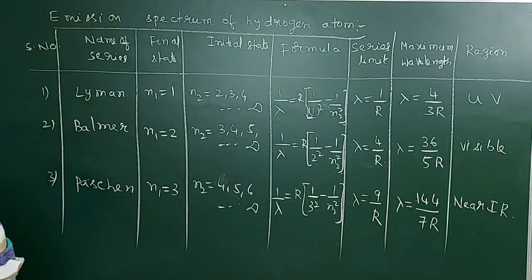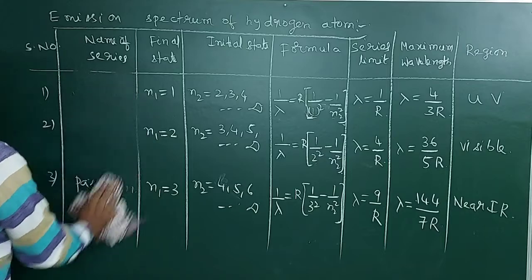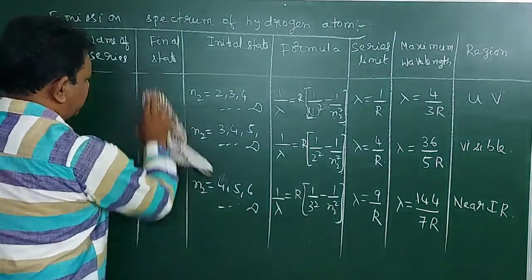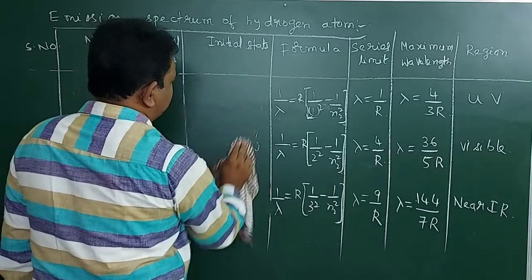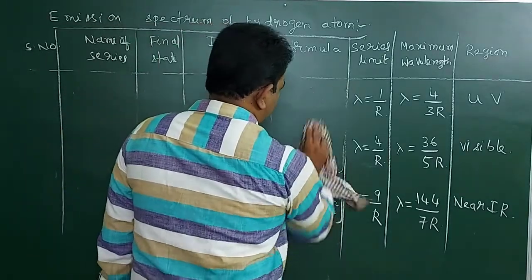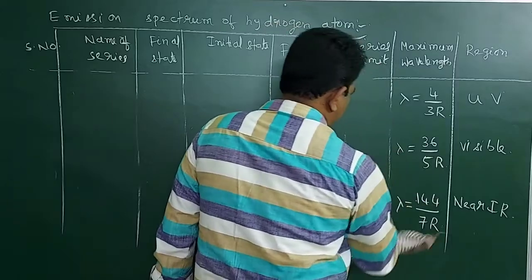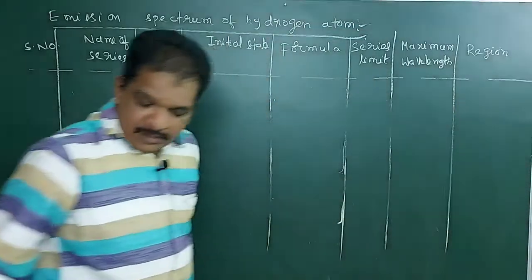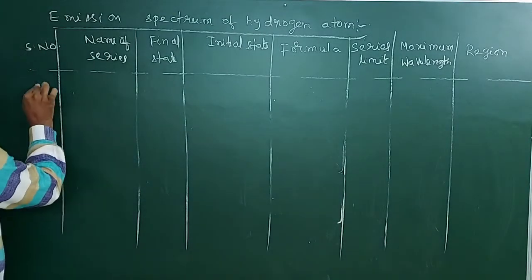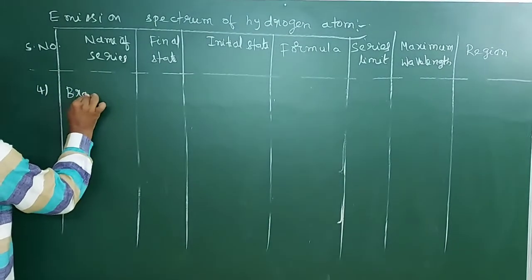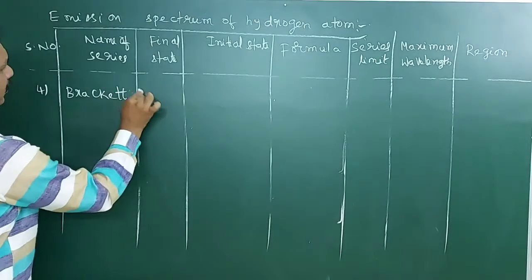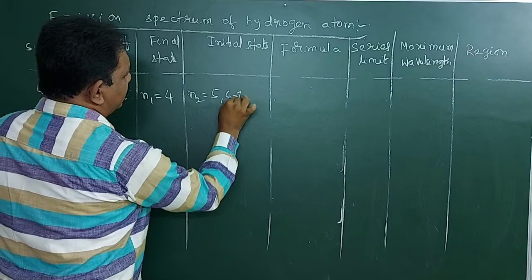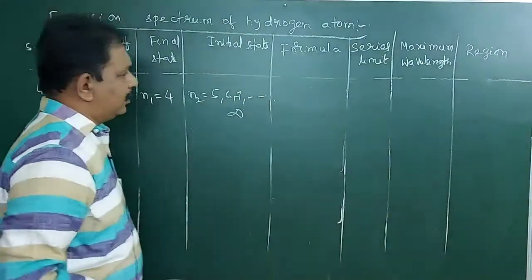Next, Brackett series. n1 is equal to 4, n2 is equal to 5, 6, 7, infinity.